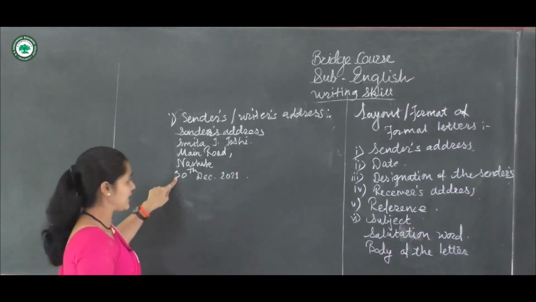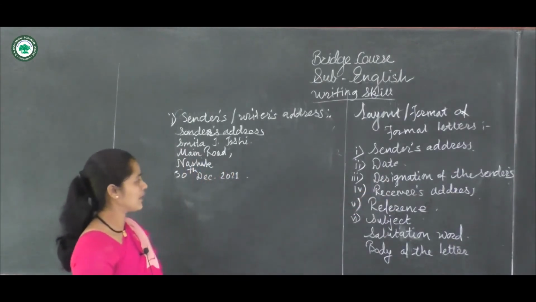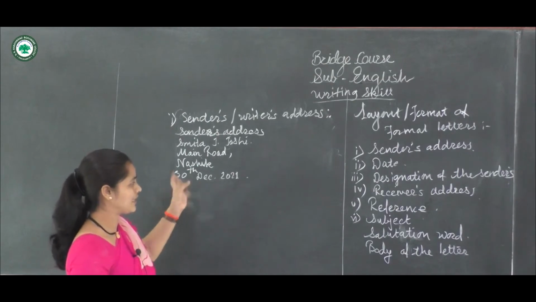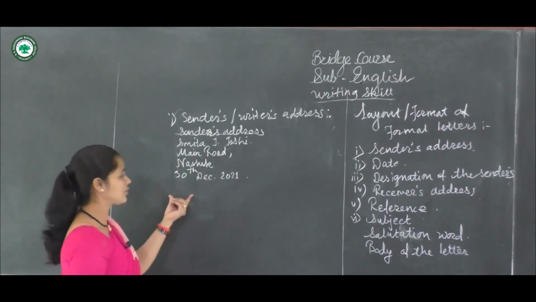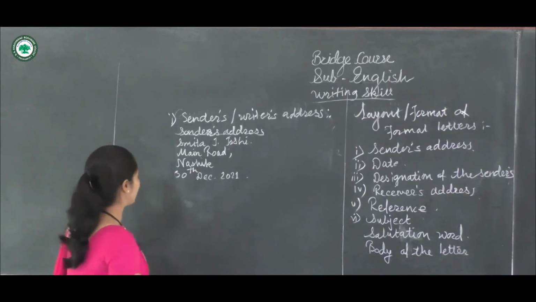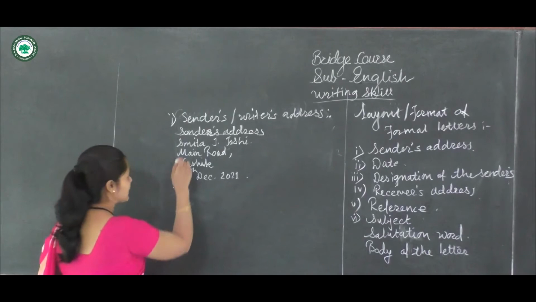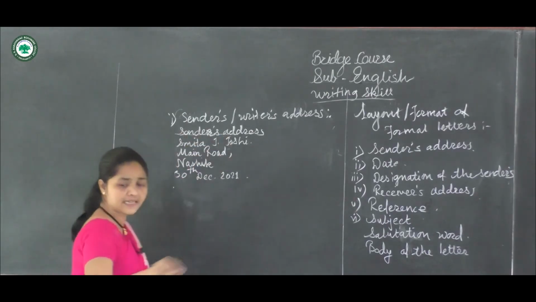Now next one is the designation of the sender. Whatever the designation, you have to mention it, then the receiver's address. Whatever the receiver's address is, you have to write it again on the left hand. Here don't mention the sender's address.